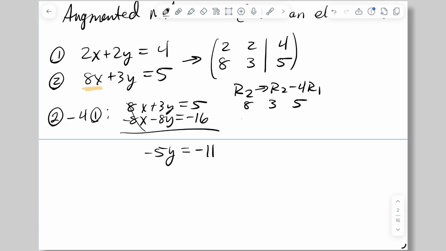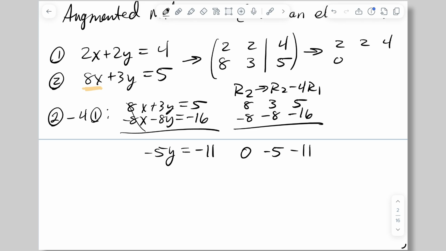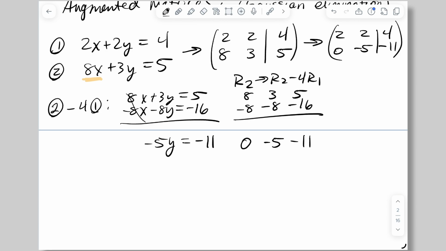Negative 4 times row 1 is negative 8, negative 8, negative 16. And adding those together gives me 0, negative 5, negative 11. And then I can replace row 2 with the result of that giving me 2, 2, 4, 0, negative 5, negative 11. I have a new matrix that represents basically a reduced system.